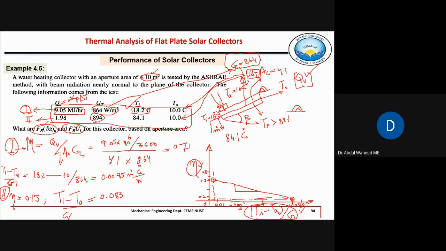For example, you may say this is x1, y1, and this is x2, y2. So with the help of this, how can we find the slope of this line? Slope is given as y2 minus y1 divided by x2 minus x1.